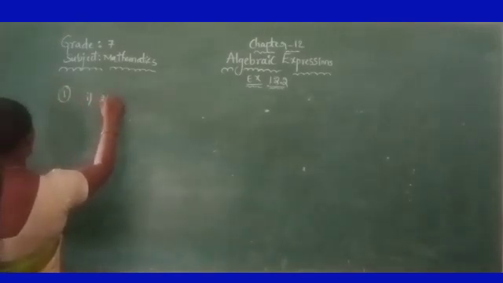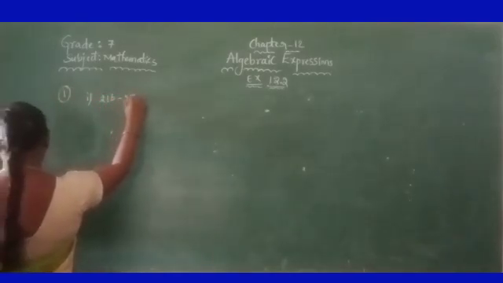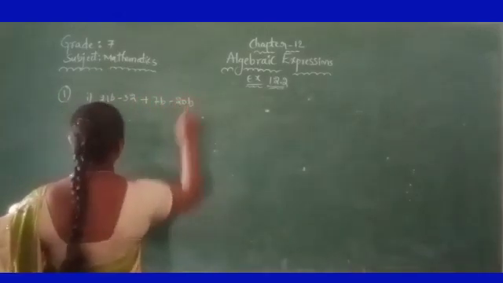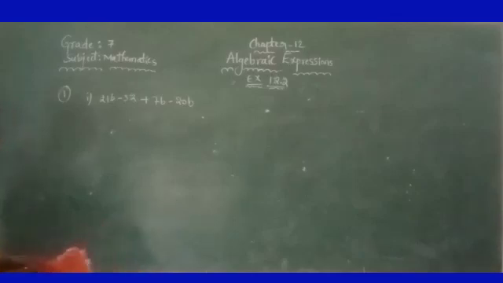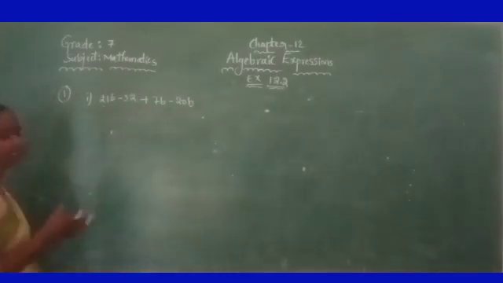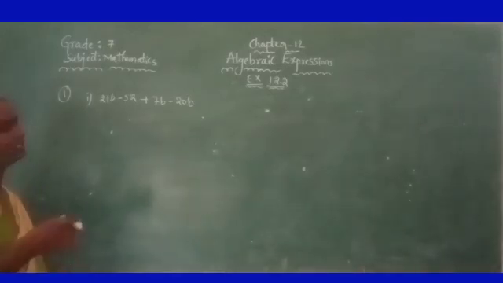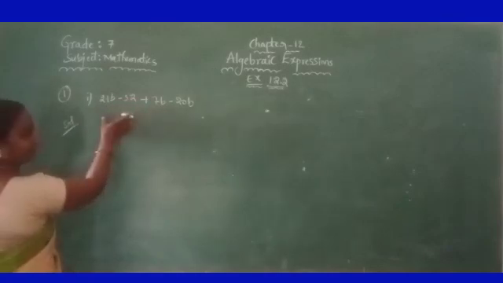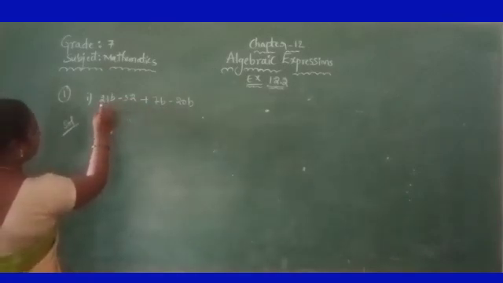First one: 21b minus 32 plus 7b minus 20b. In this expression, how many terms are there? 4 terms. We have to combine. First, bring the like terms to one place. Like terms means the same algebraic factor.